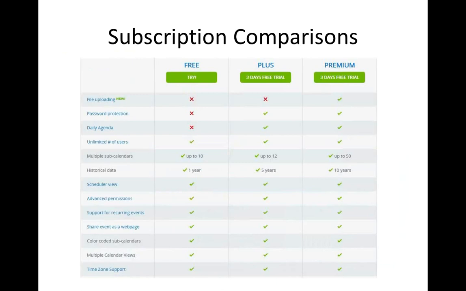Password protection, because every URL for each calendar is unique and can be modified with permissions, we don't feel that password protection was needed, so it's not on ours. As I mentioned, the free one doesn't have the daily agenda, but the list view is almost identical. So in my opinion, that's not a really big problem.